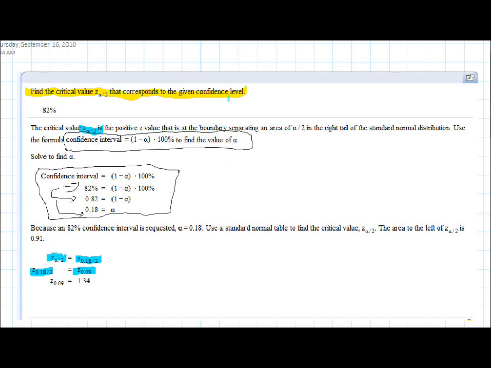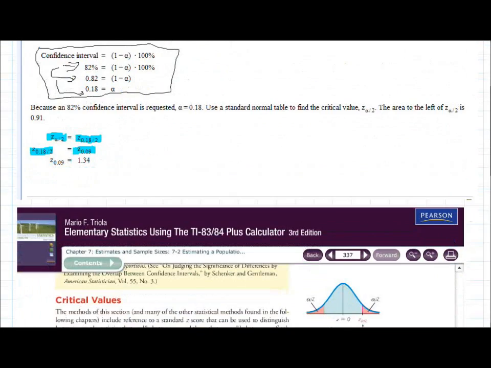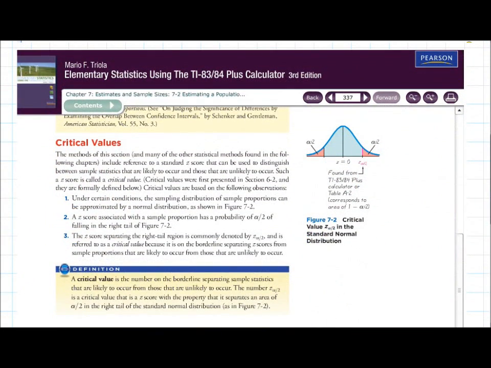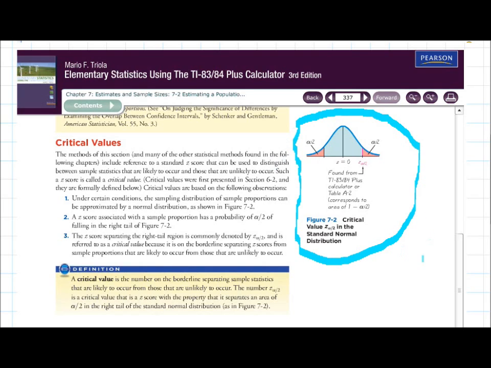And before I get to that table, let's just look at what's in the textbook to explain what this alpha over 2 stuff is. And let me motor on down to the textbook page. And this is page 337. And here's what we're looking at right now, is this type of scenario.